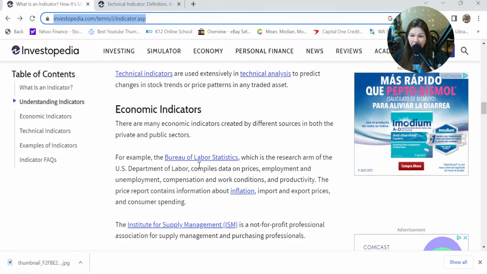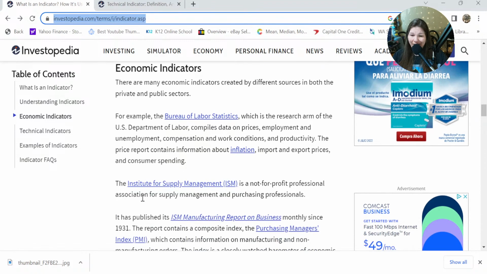Economic indicators. There are many economic indicators created by different sources in both the private and public sectors. For example, the Bureau of Labor Statistics, which is the research arm of the U.S. Department of Labor, compiles data on prices, employment and unemployment, compensation, work conditions, and productivity. The price report contains information about inflation, import and export prices, and consumer spending.